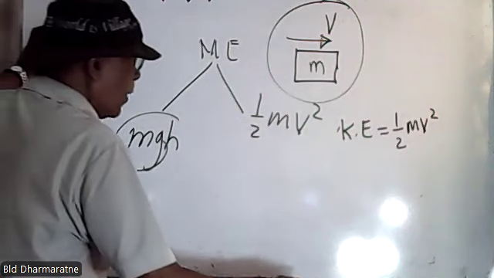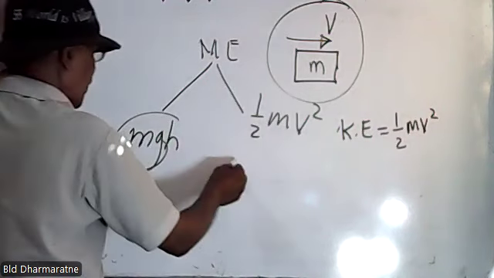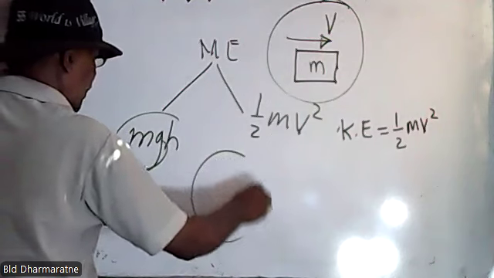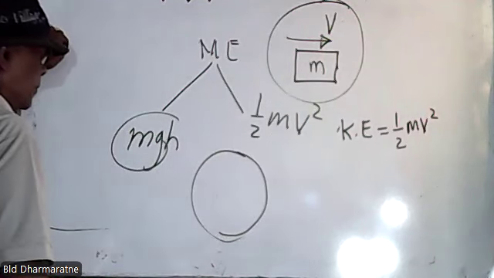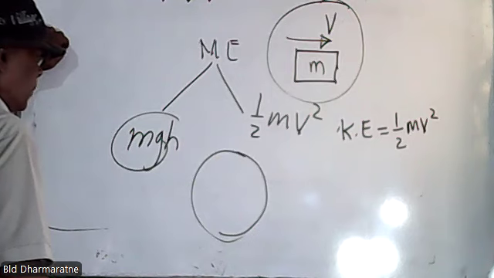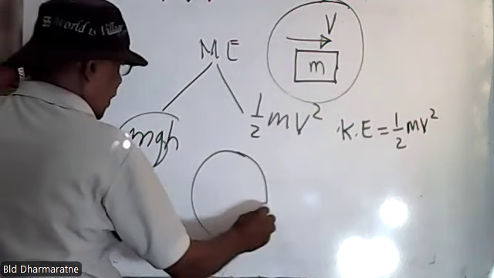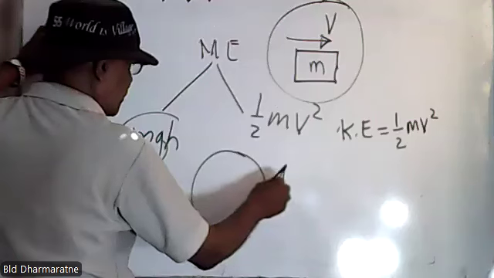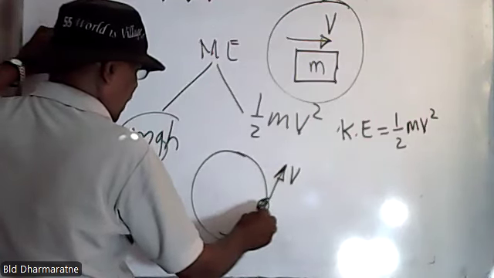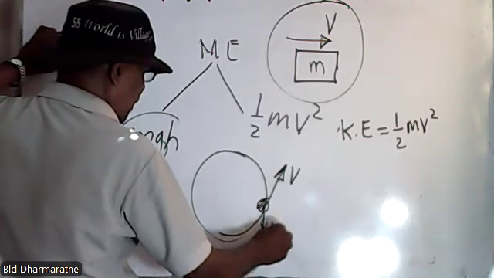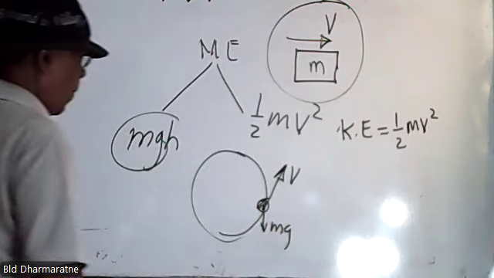This can be applied to rotating bodies. Say a body rotates with linear velocity v, mass m.